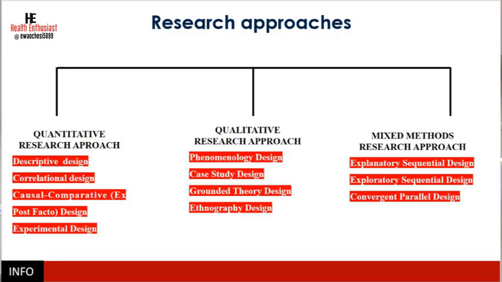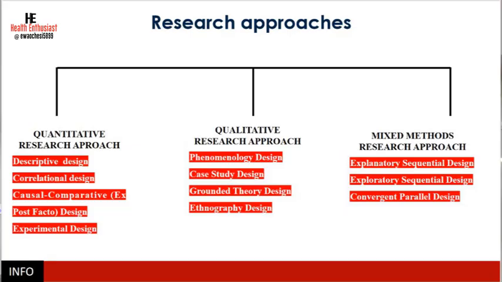This descriptive research design aims to observe and describe characteristics of a population or phenomenon without manipulating the variables, right? There is no manipulation of variables in descriptive research design. And most of the work on prevalence studies are basically descriptive, or what we call observational research design.